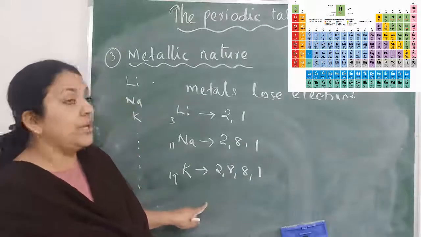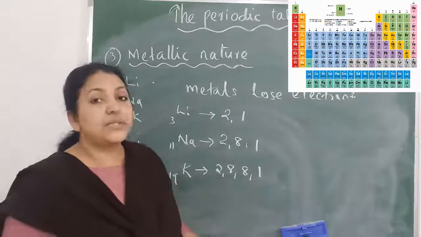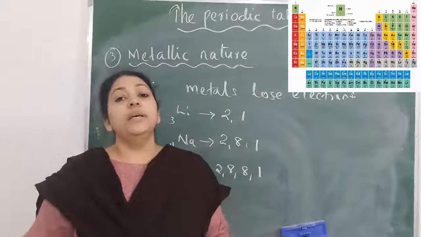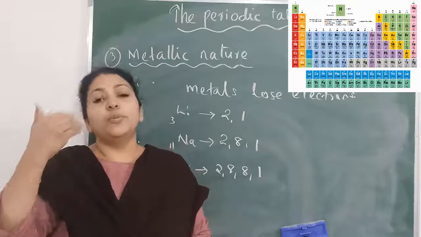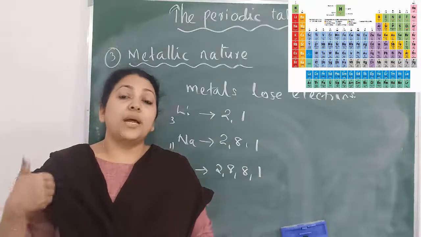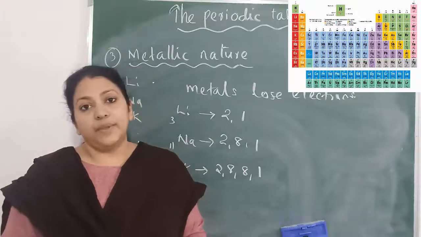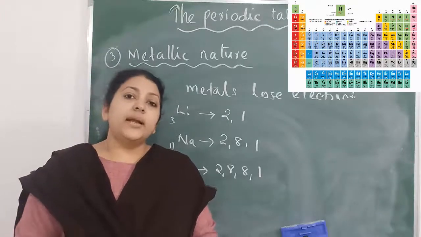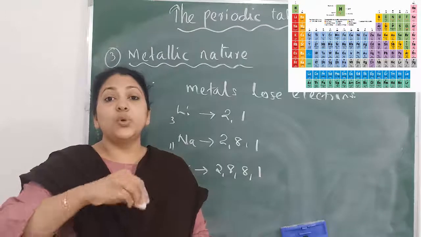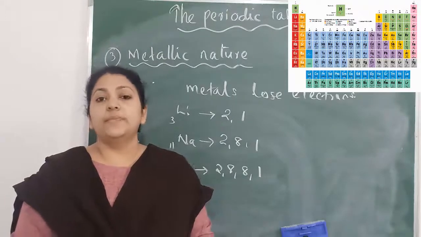The next element will have 5 shells. So the size of the atom increases from top to bottom in a group as the number of shells increases.